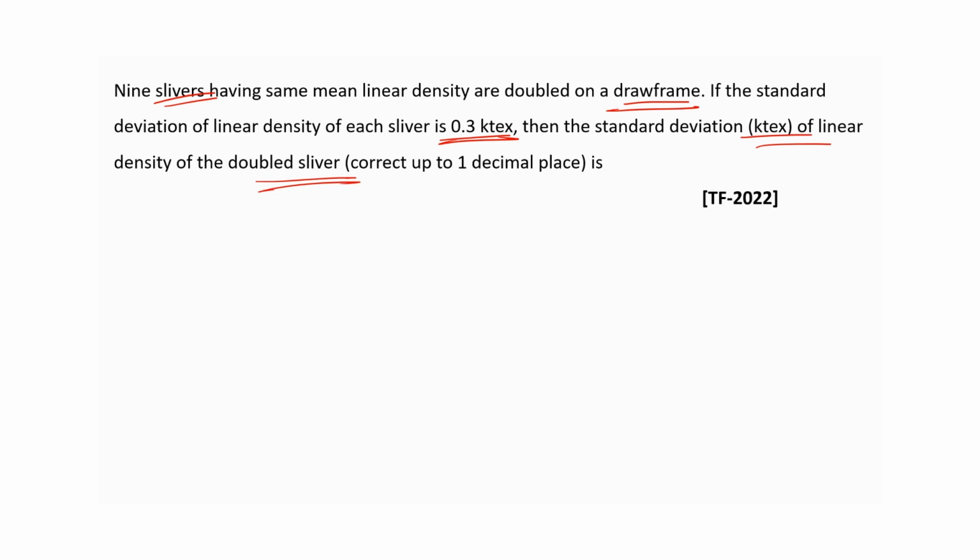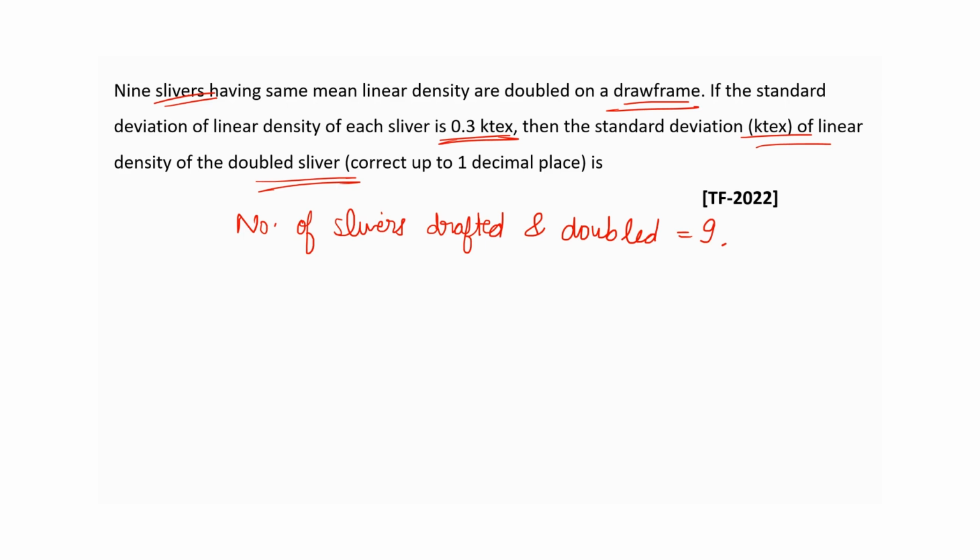What is given is the number of slivers drafted and doubled. That means drafting and doubling is done for the number of slivers drafted and doubled, which is 9. And total drafted sliver linear density.